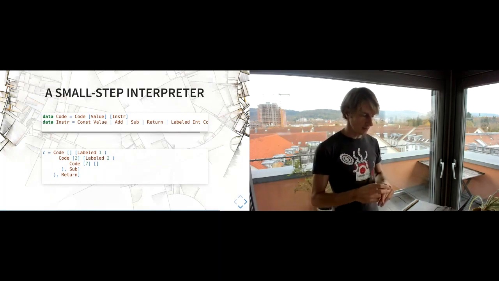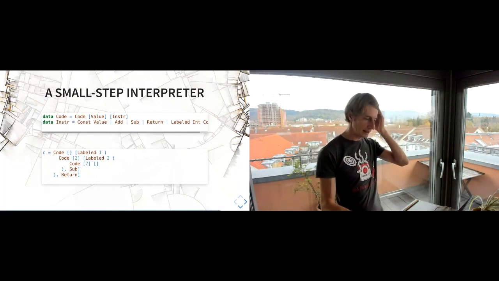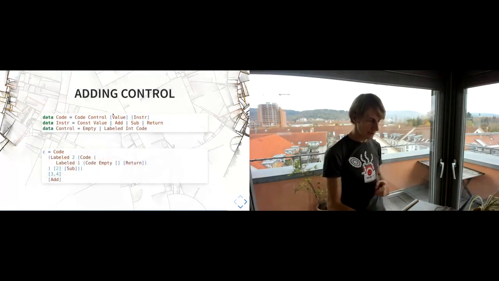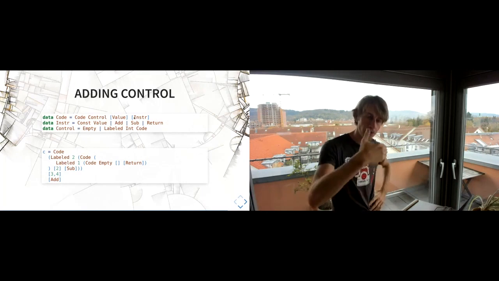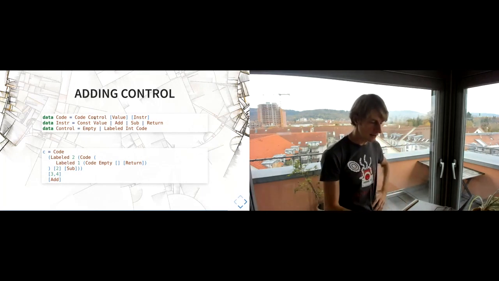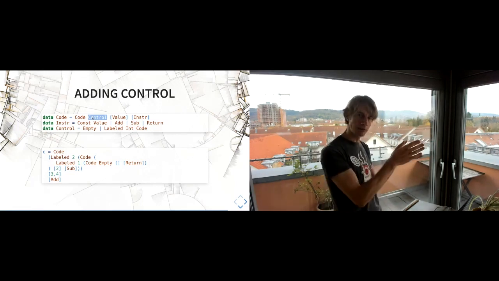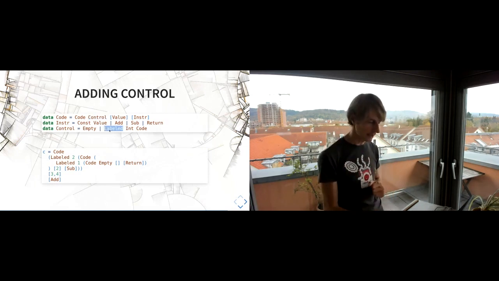So the solution from the point of view of implementing programming languages is to use a control type. So instead of having the code that we care about deeply nested, we want to have the code really as the top level data structure. So here's the value and instruction of the next thing we can evaluate. And then in the new field, basically on the side, we put the things that we don't care about. So this control data type has all the labeled data.